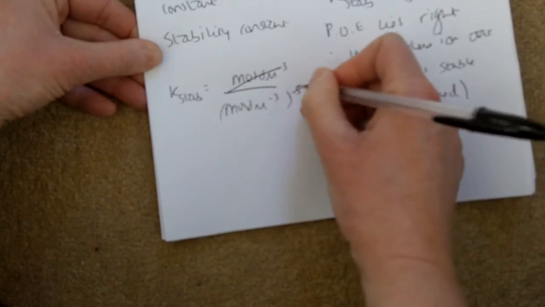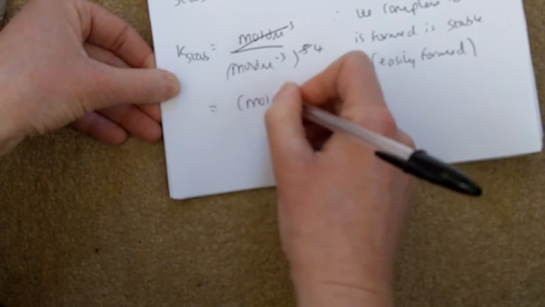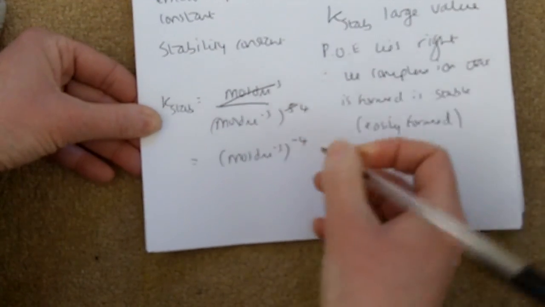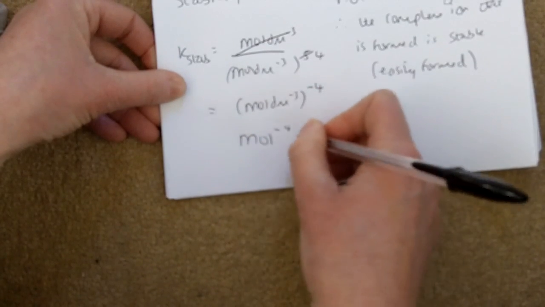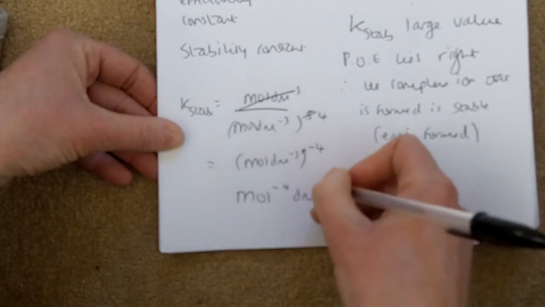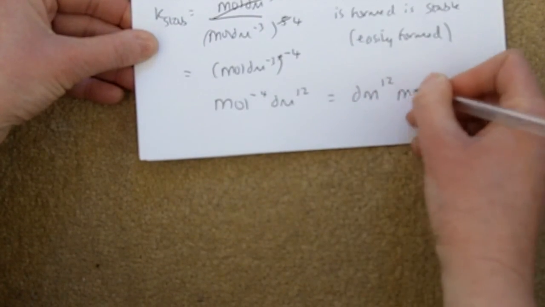Cross out one of the concentrations, take it to the top line, concentration to the power minus 4, bring the minus 4 into the brackets, mol minus 4 dm 12. Ideally you should put the positive indices first.